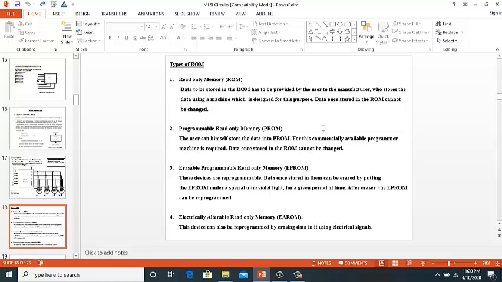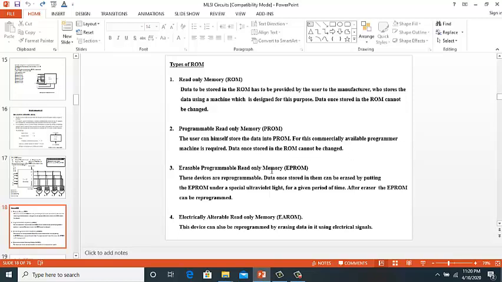It is a special programmer machine which you will have to buy, and you don't have to go to the manufacturer. You can yourself burn the data into your ROM. So these kinds of ROMs are known as programmable read-only memories. In this ROM also, once the data is stored, it cannot be changed.